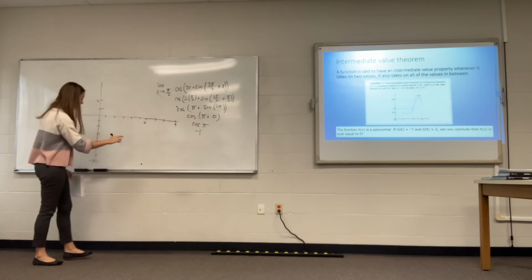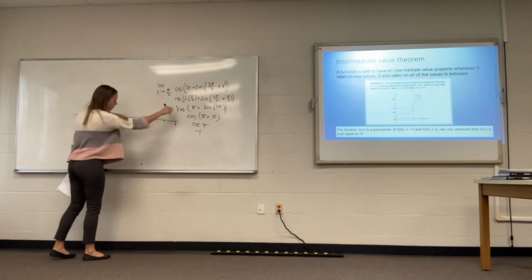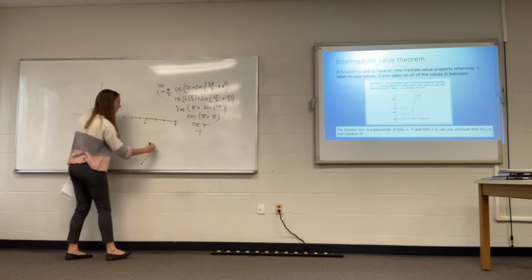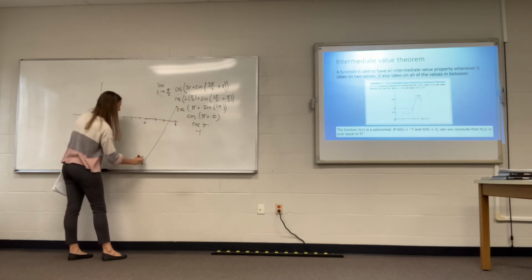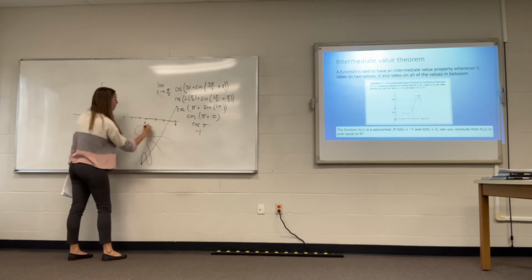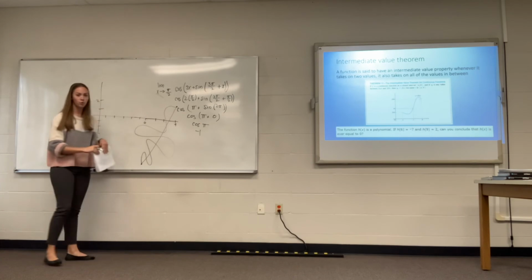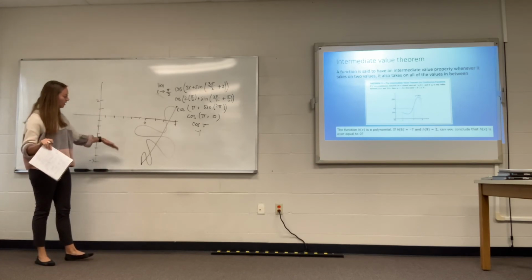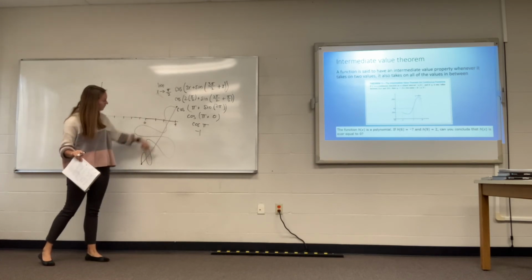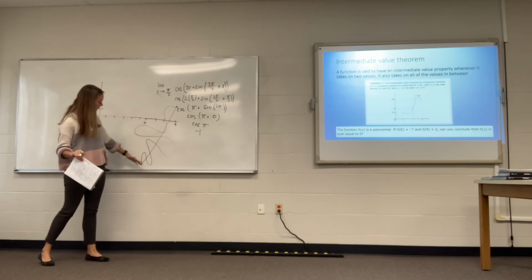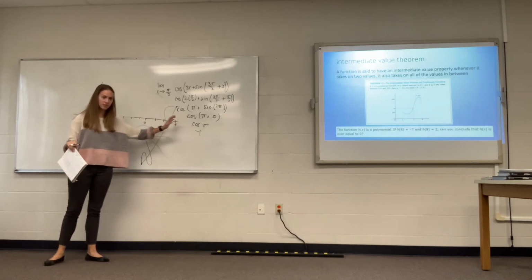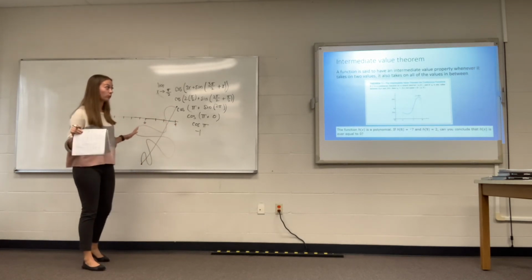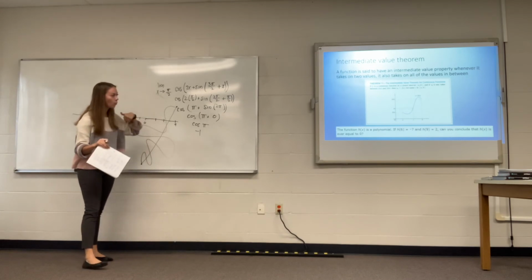So in order for me to get from this point to this point right here, I could draw a straight line, I could curve around, whatever my function is doing, I know I'm going to have all of my x values. There is some x value everywhere, and there's also some y value.